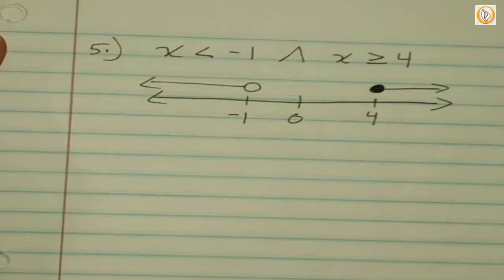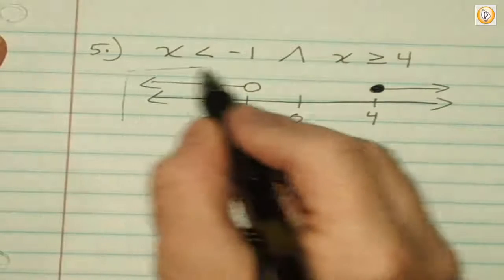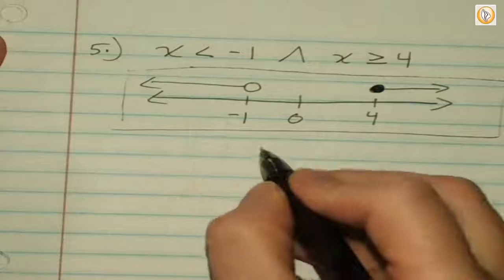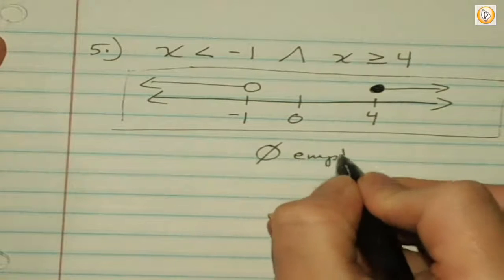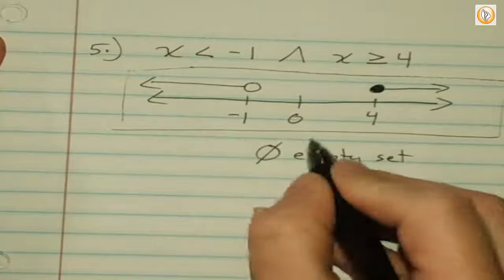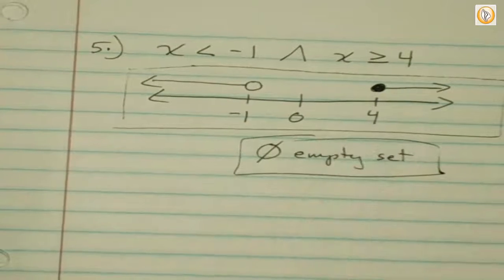Empty set. Okay, so here's your empty graph. And the answer is empty set. Do we just put the symbol for empty set? Oh, you can just put the symbol. Any questions?